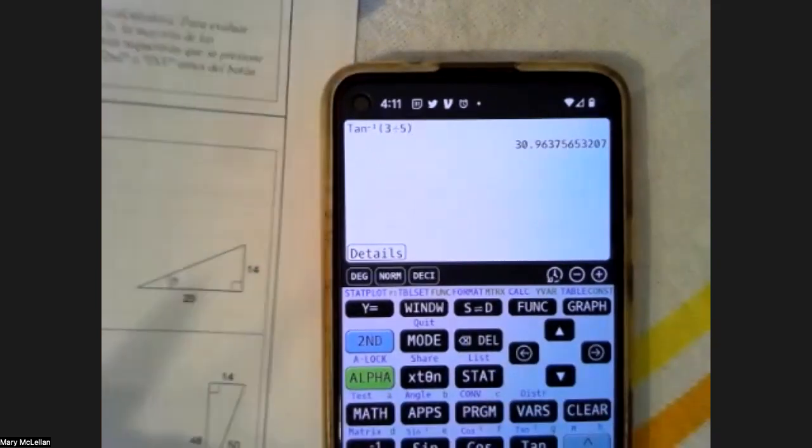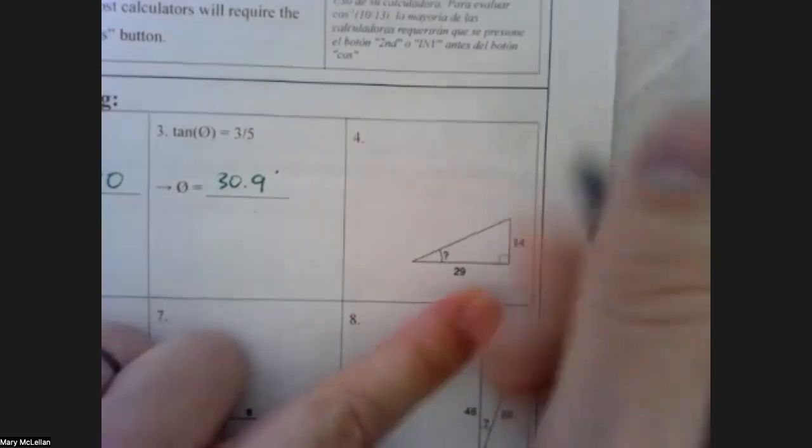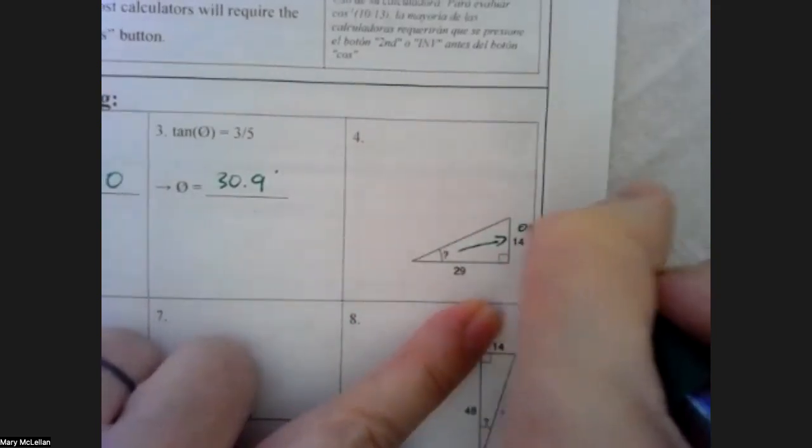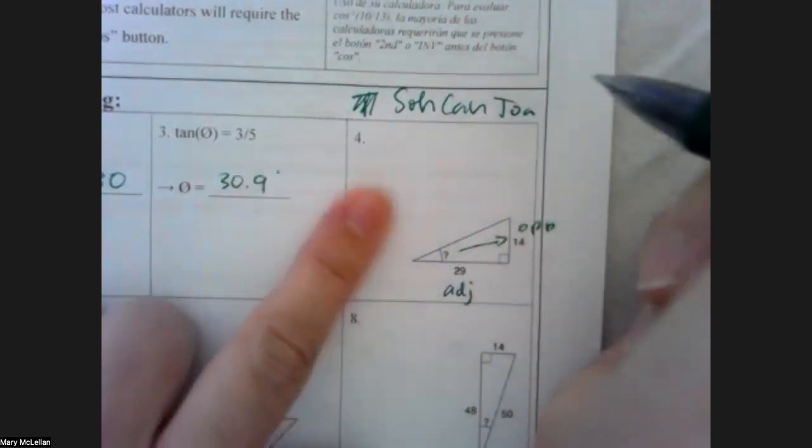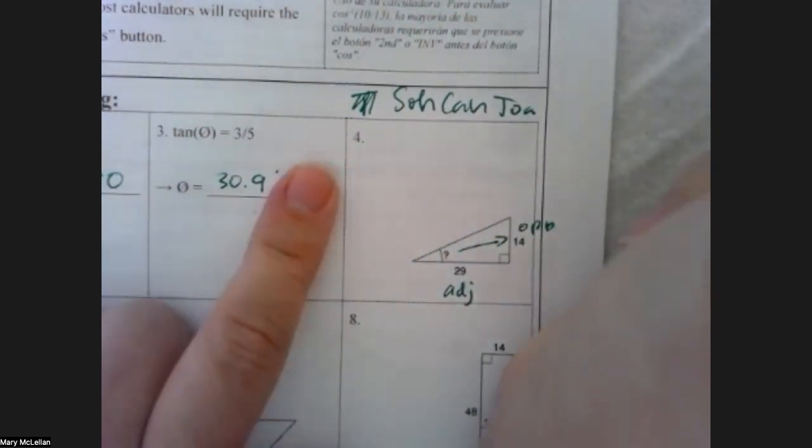Now I've got to do that. The problems are not done for me. So I'm going to set these up before I go back to the calculator. Okay, number 4. This is opposite my angle. This is adjacent. So I'll be using tangent. I like to use SOHCAHTOA when I start needing to keep track of these.